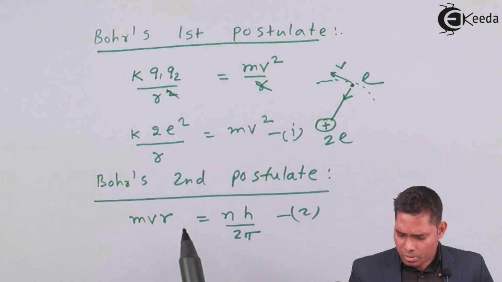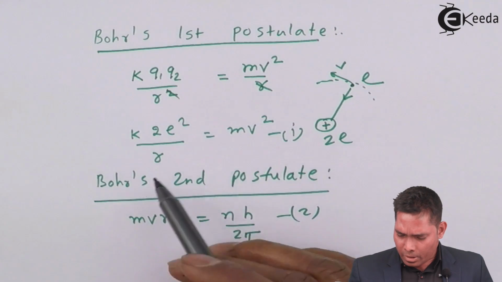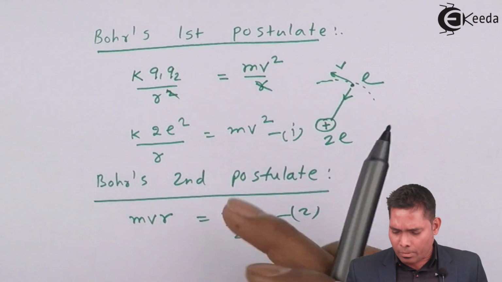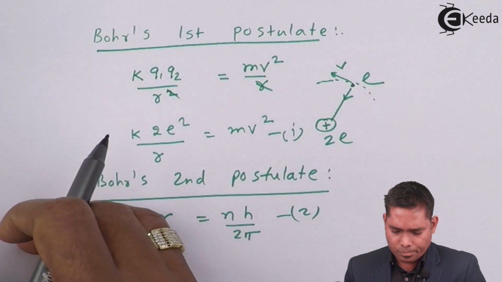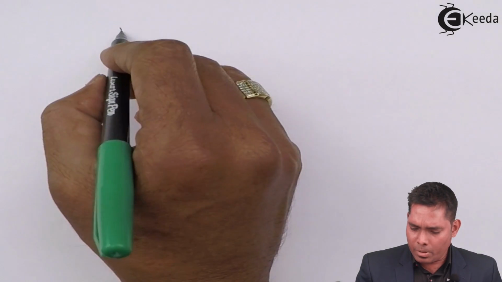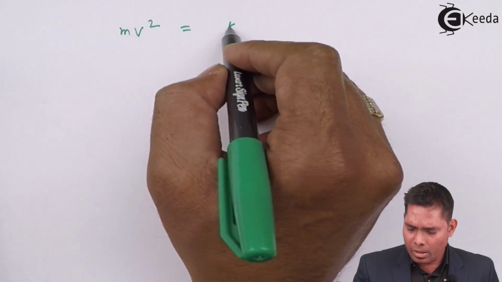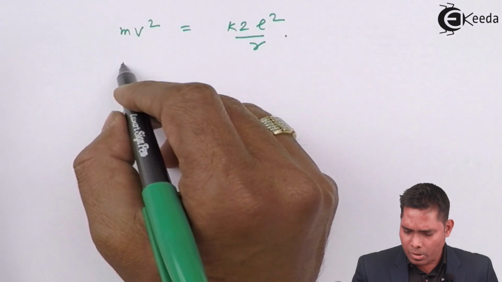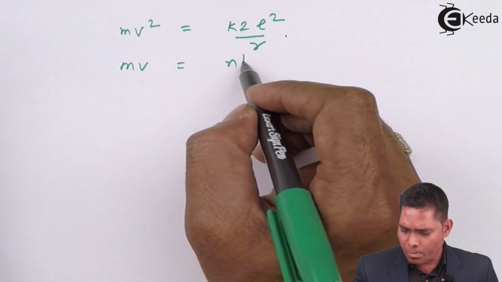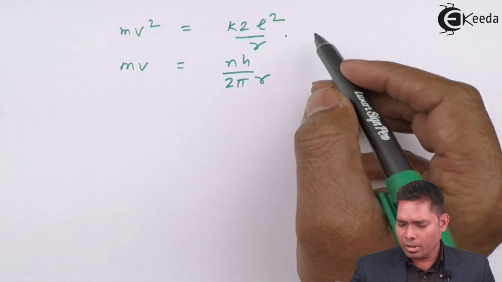If I divide these two equations, I can bring r over here and divide this by this. I'm just writing those two equations one over another. mv square is 2k e square divided by r, and here mv is nothing but nh upon 2 pi r. These are the two equations.